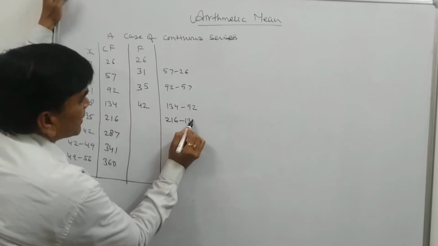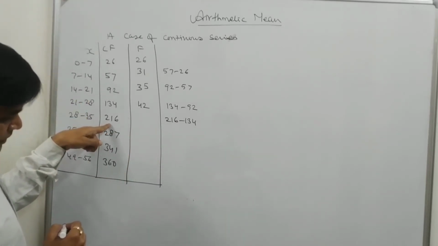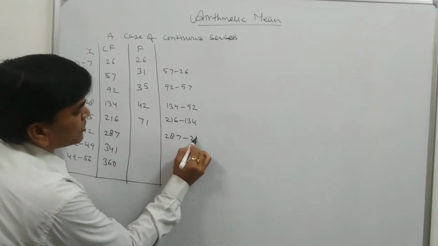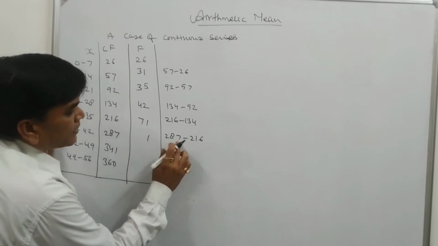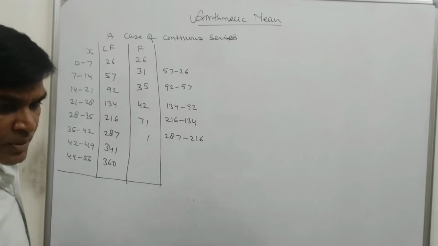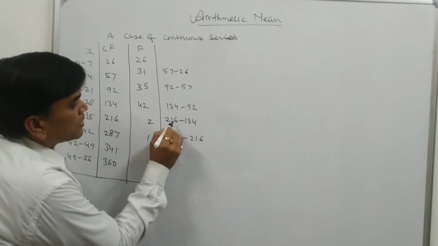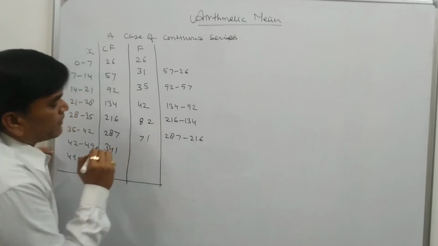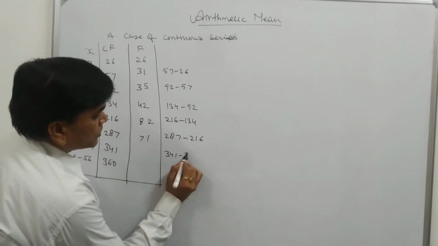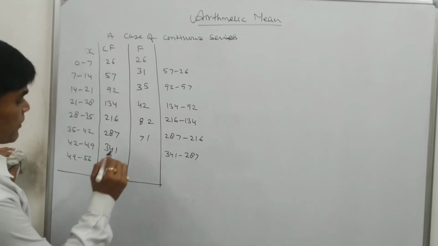216 minus 134, so the frequency of this will be 82. 287 minus 216 is 71. 341 minus 287 is 54.